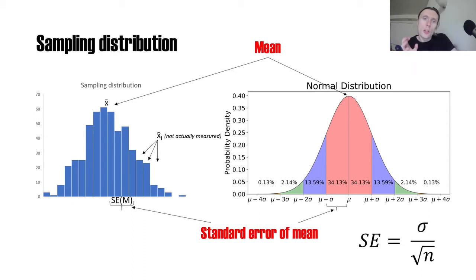Which means we're not looking at a single value of a single participant, but we want to look at whether a certain average of a distribution is different from another average of a distribution. Now the principles are all quite similar, except that we now would have to look at a distribution where all those bars, all those numbers in those bars, are not single participants, but actual means of a certain group.